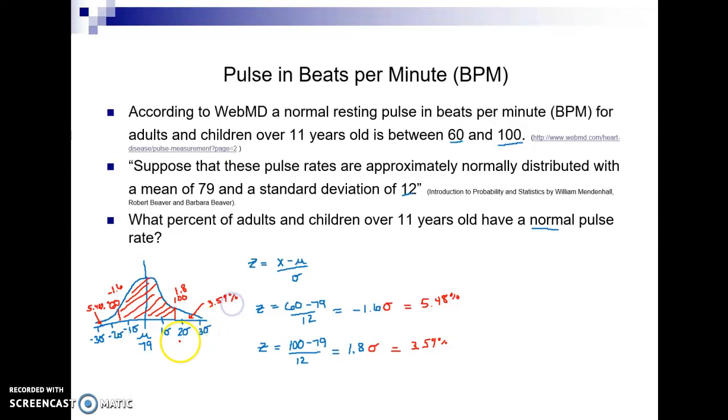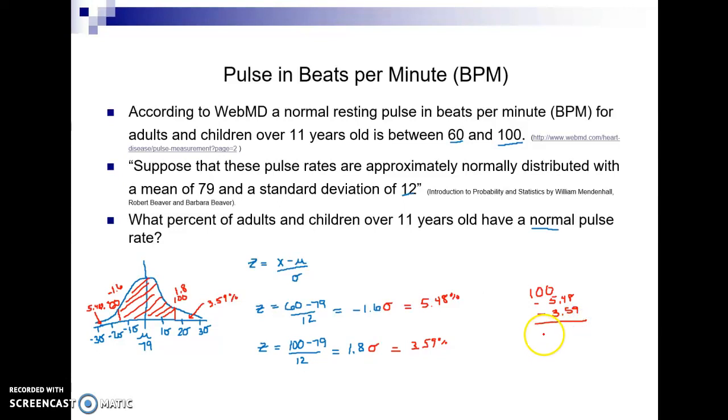Then we want to think through it: I have been asked about the shaded area. The whole thing is 100%, so I can take 100%. I don't want the ones below 60, so I'll subtract out the 5.48. And I don't want the ones above 100, so I'll subtract out the 3.59.